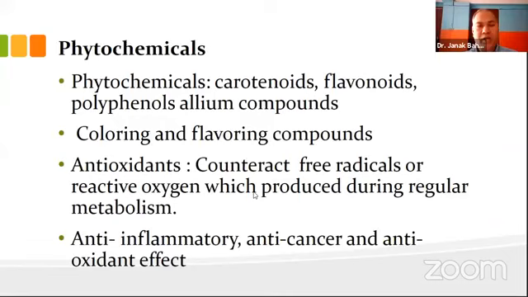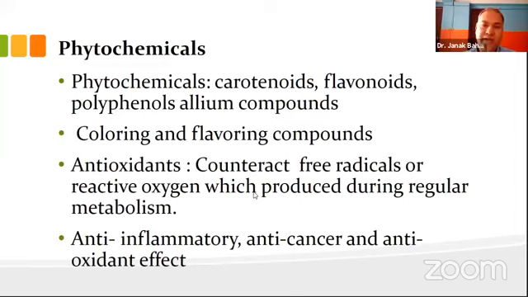Another thing is phytochemicals, which are found in vegetables and fruits. They also play a very important role in improving our immune functions. These are carotenoids, flavonoids, polyphenols, and allium compounds. These compounds act as potent antioxidants and have anti-inflammatory actions.